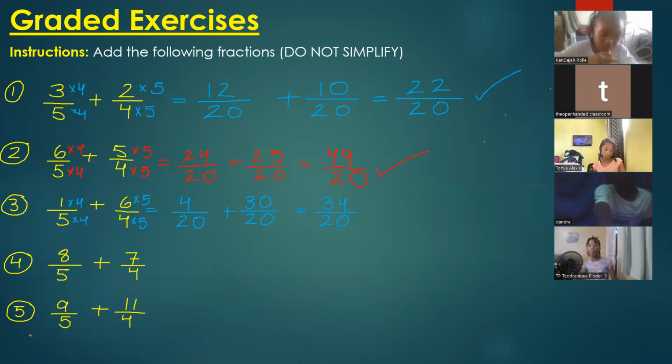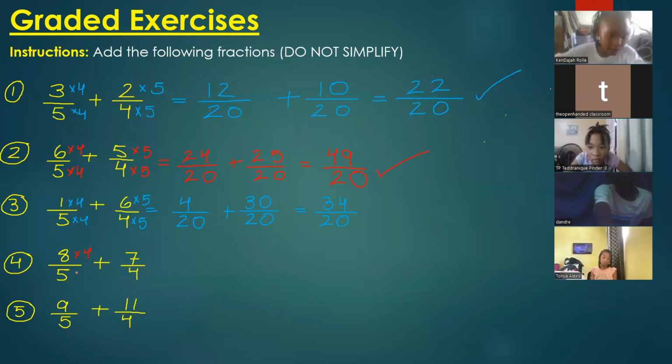So now we're going to say 8 times 4, and then 5 times 4. And then 7 times 5, and then 4 times 5.